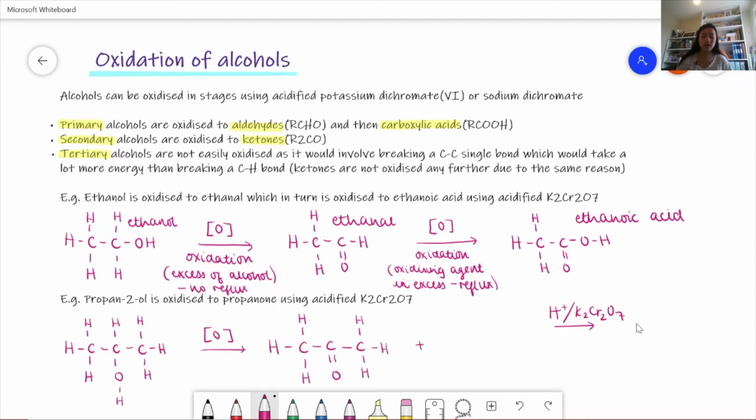And we're also going to form water. So this is propanone, and this is propan-2-ol.